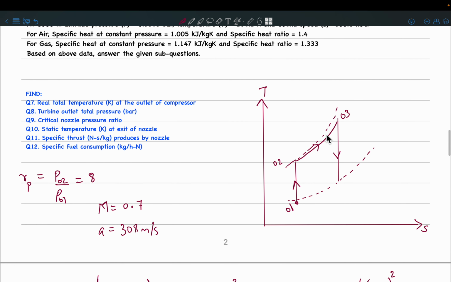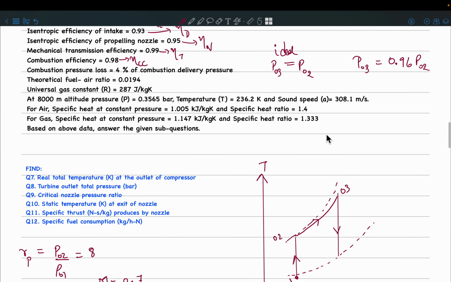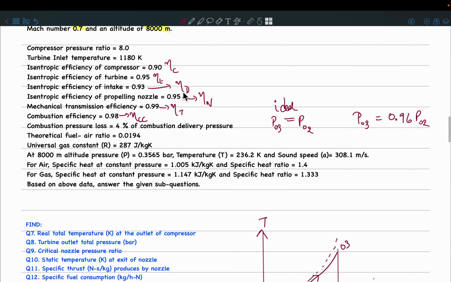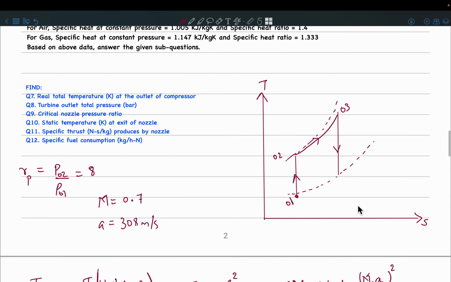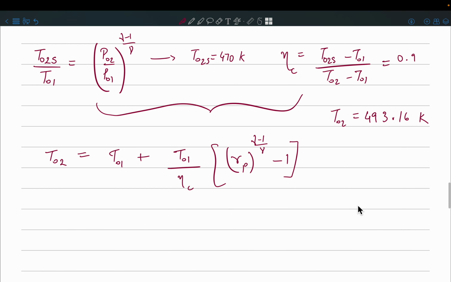Okay, now understand what we are given already is that the maximum temperature, that is the turbine inlet temperature, is given. So this is nothing but my T03 real. Okay, and also I was given the pressure ratio, so I can find P03, and you have P02 over here.